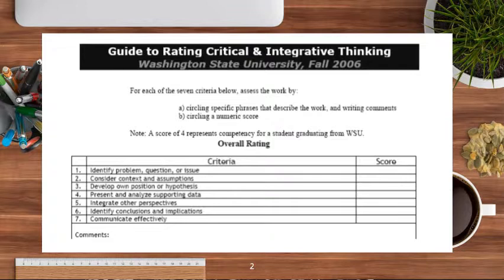I found this rubric for assessing critical and integrative thinking in online discussions by Washington State University in a study on using best practices in online discussions. And I liked it because it's more than the standard reply to other people and make sure your response has 150 words or something similar that we typically see.